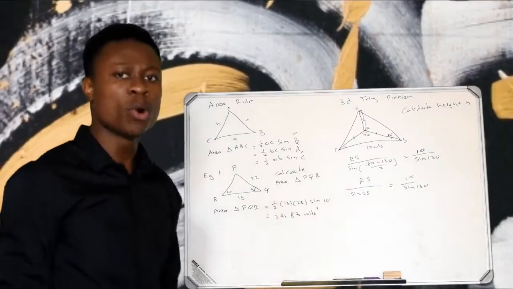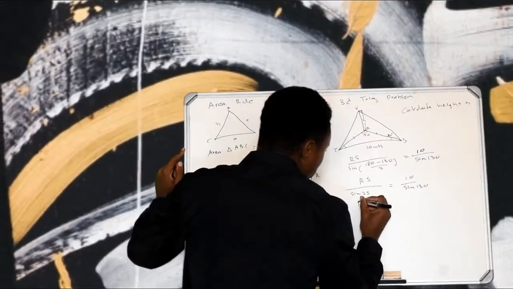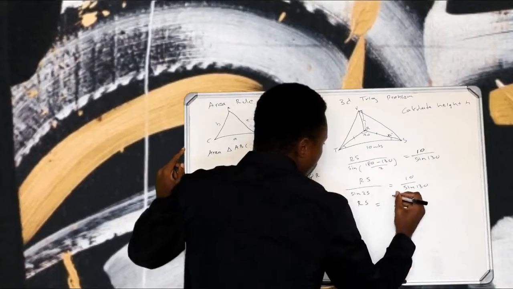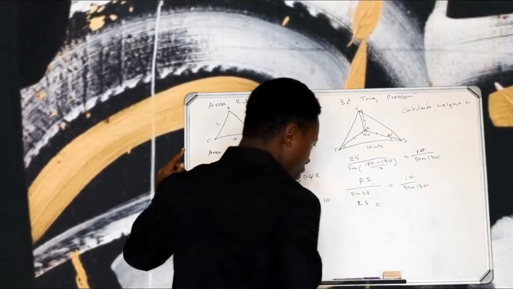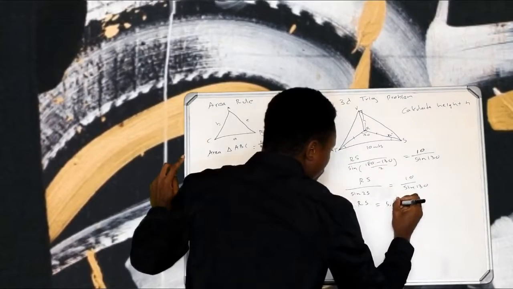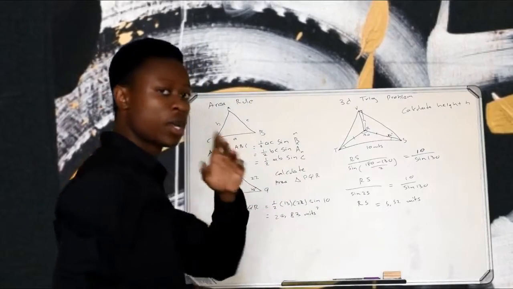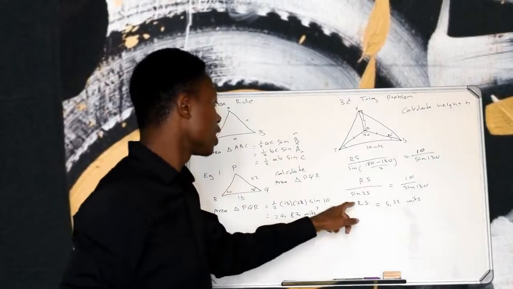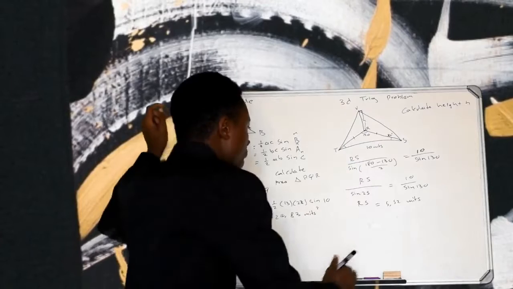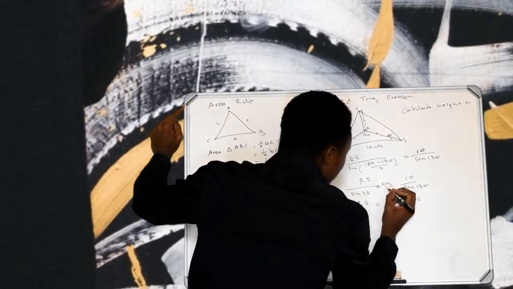So if you just multiply both sides by sine 25, you get RS is equal to the value that I got was 5.52 units, right? So again, how did I get 5.52 units? I multiplied both sides by sine 25 over 1.